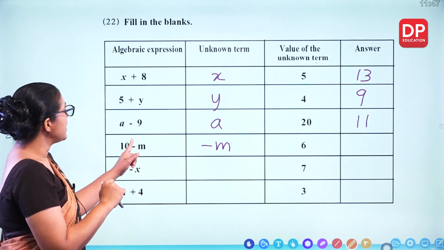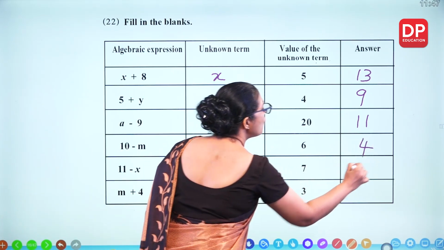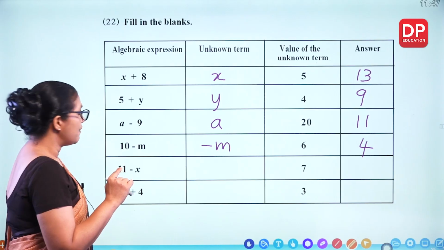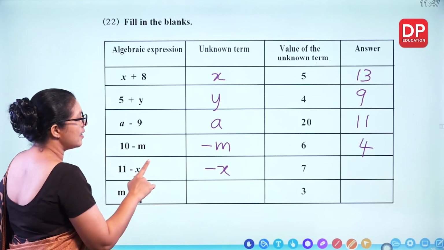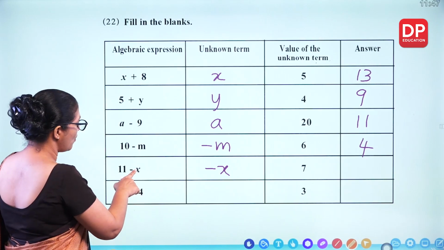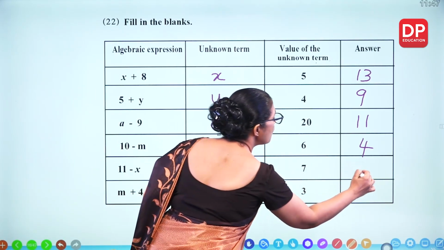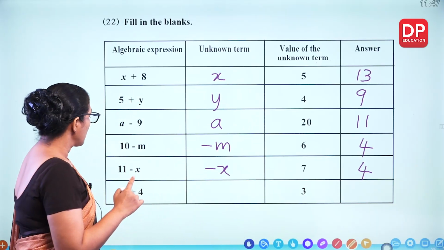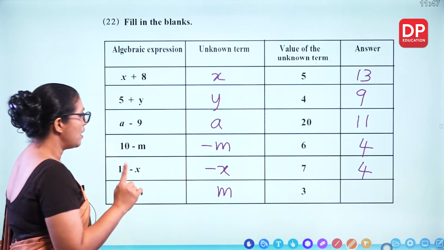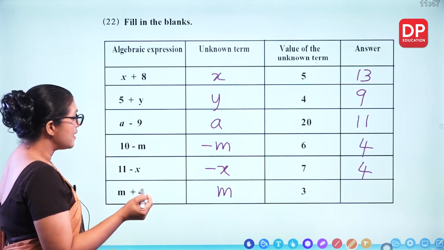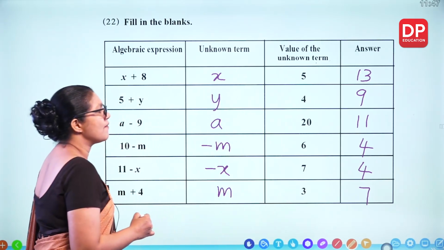So 10 minus 6. 10 minus 6 is 4. 11 minus X. Unknown term is minus X. X is 7 now. 11 minus 7, 4. M plus 4. What's the unknown term? M. M equals 3 now. 3 plus 4, you get 7.